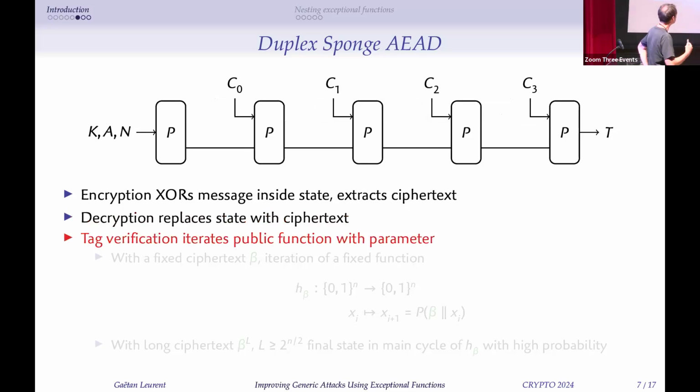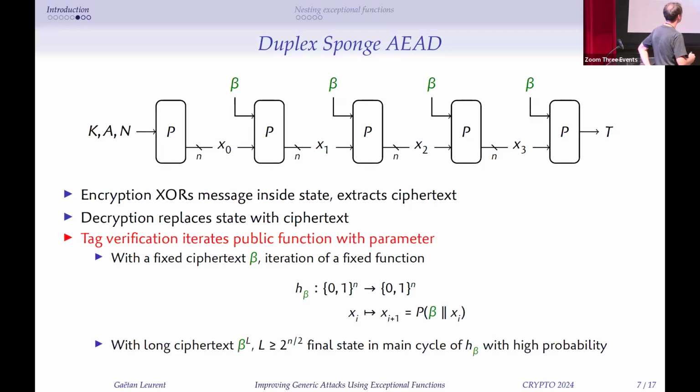And that's interesting because if you look only at the tag verification, what happens is you are iterating this construction with a public permutation and with some ciphertext block that can be chosen by the adversary and that replaces part of the state. So this is exactly the setting of earlier. We are iterating a function that can be chosen by the adversary.